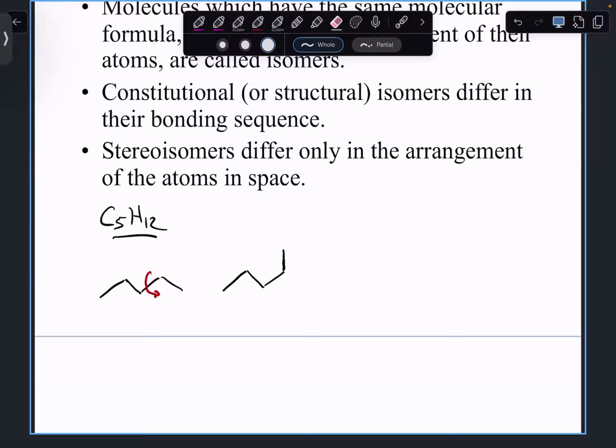When you start trying to come up with isomers, the way to do that is by branching the parent chain. So instead of having 5 carbons in a row, maybe have a shorter chain with a branch.